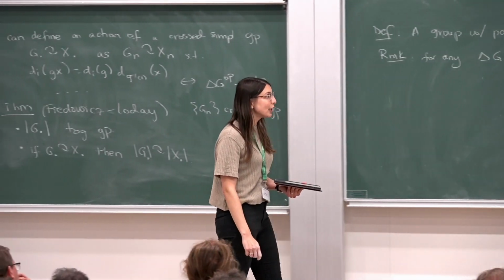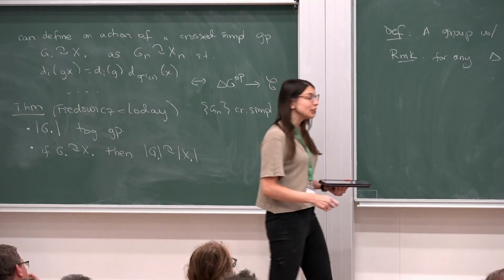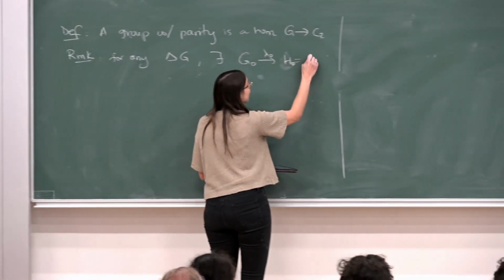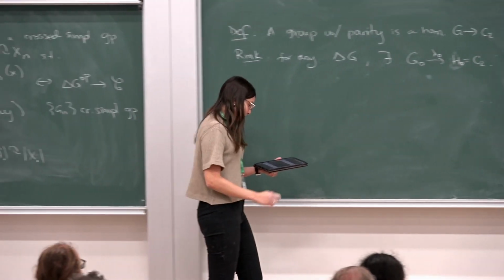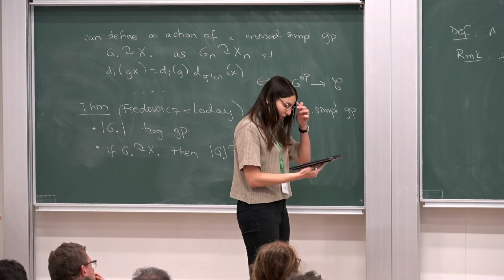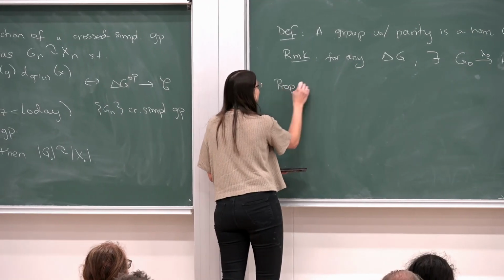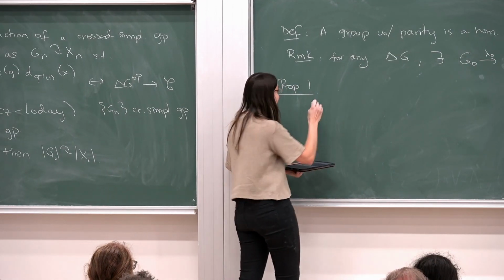It's this more general fact that you actually have a map of cross-simplicial groups from delta G to delta H, and H naught is just C2. You can be very explicit about what this is, but let me skip that so we can get to a first technical result that we show.